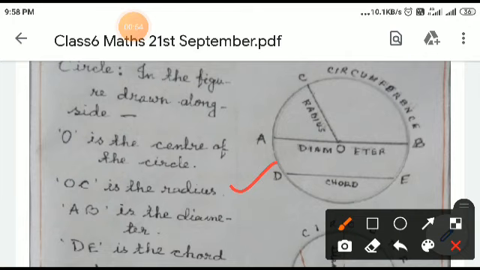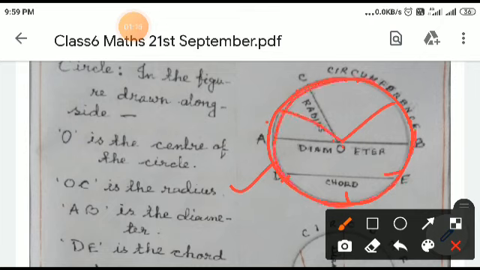So, it is a closed curve and there is a point on the plane, and all the points of the closed curve are at the same distance from the point O. So, O is called the center and this is the curve. The curve is the circle.